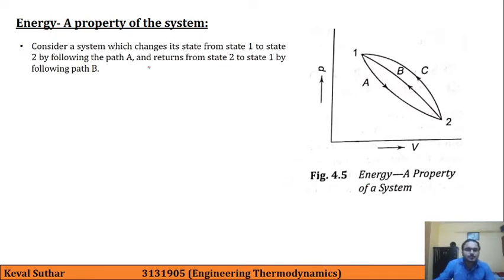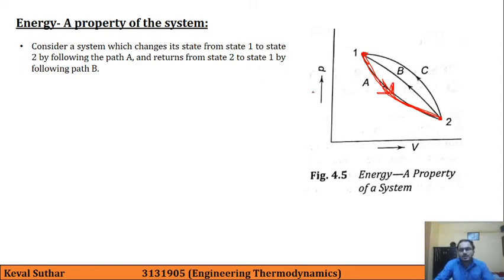Consider a system which changes its state from state 1 to state 2 by following path A. So first we are focusing on this PV diagram in which there are two states, state 1 and state 2, and from state 1 to state 2 it is following this path and the direction is this.